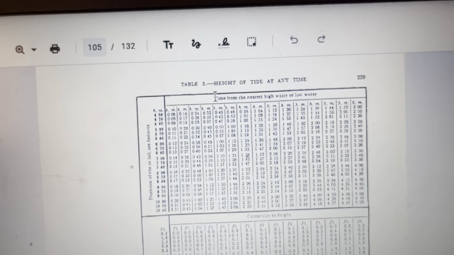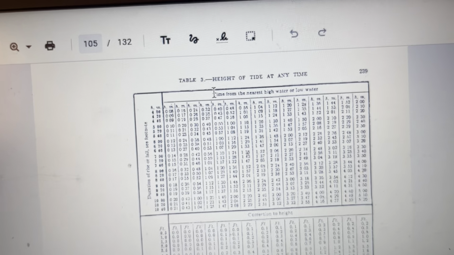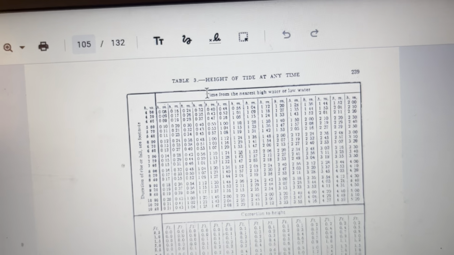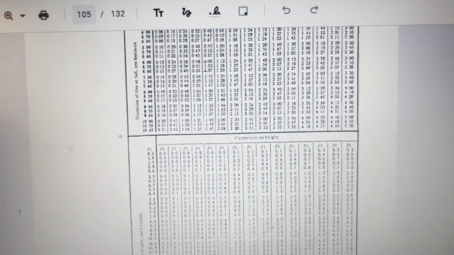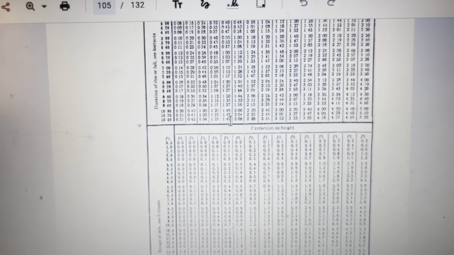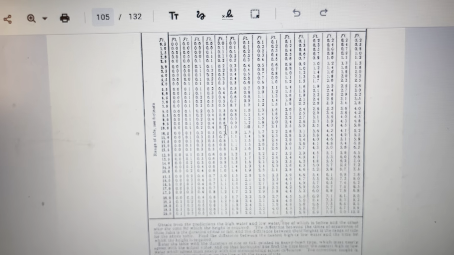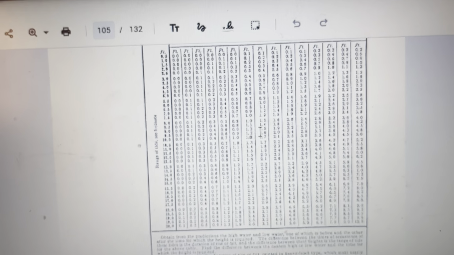So whatever your desired time is, how far away it is from the closest either high or low water. And then by comparing these three things together, you can get a correction factor that you can then apply to that nearest high or low water, and that will give you the exact height of tide at that time.